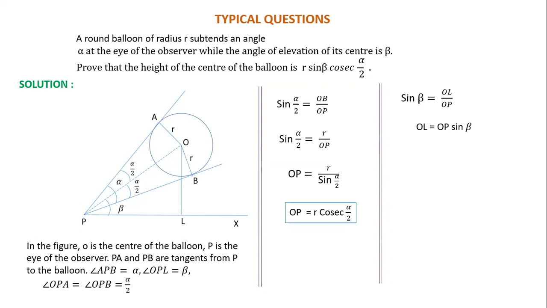OL is equal to OP sine beta. But OP we have just found, OP is equal to r cosec alpha by 2. Putting it here, OL is equal to r cosec alpha by 2 sine beta. So this is the height. We got the same expression, so this is what we wanted to prove: the vertical height of the center of the balloon from the ground.